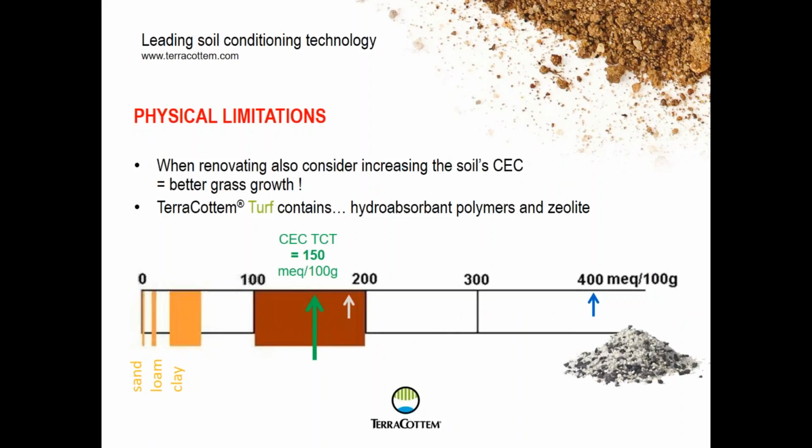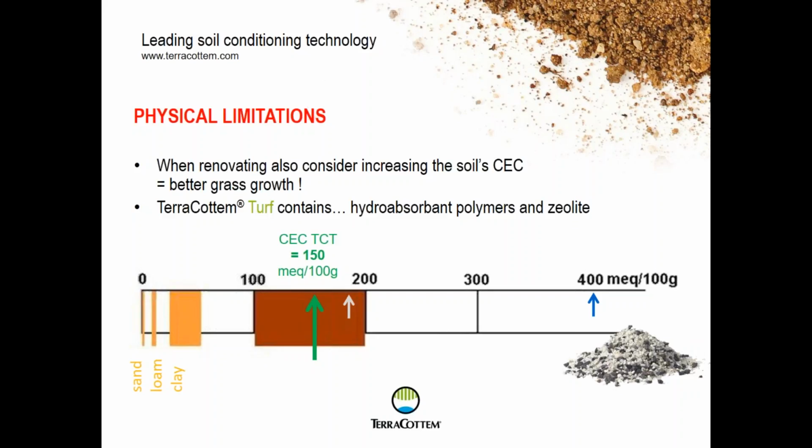And that's the reason why you add organic material to the soil. You want to increase cation exchange capacity. But remember, you cannot add too much organic material because it will limit water percolation. The cation exchange capacity of TerraCottem turf, you can see here in the green arrow, is in the same line as organic material, but it does not have the disadvantage of decreasing water percolation.